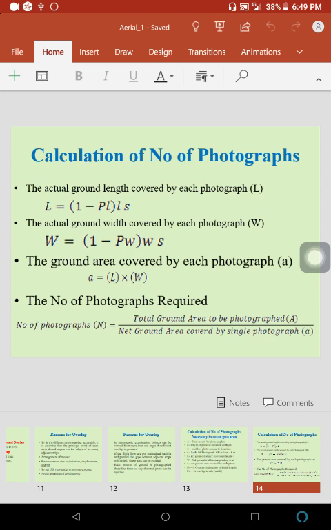So the ground area covered by each photograph, as a larger area is covered, the unit for the actual ground area is in square kilometers, correct?